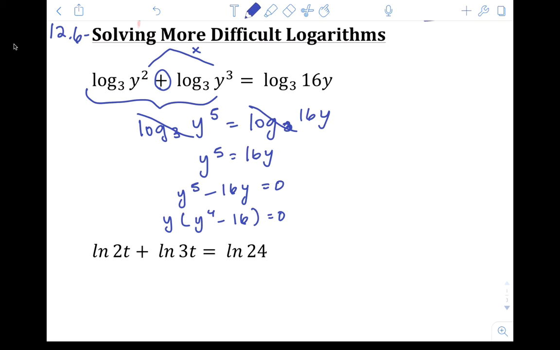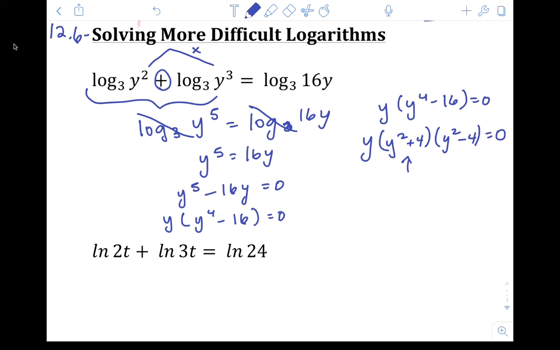So I'm going to just put this up here off to the side. We've got y. We have y to the 4th minus 16. So if you take your y to the 4th and your 16, a perfect square minus perfect square. Well, the square root of y to the 4th would be y squared. The square root of 16 is 4. And remember, one gets a plus and one gets a minus.